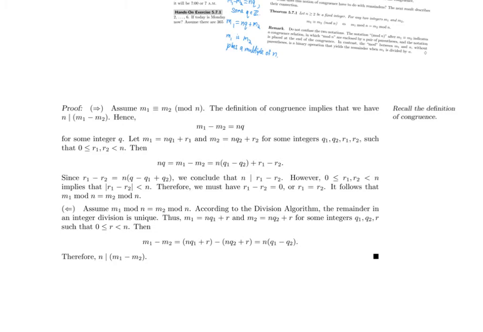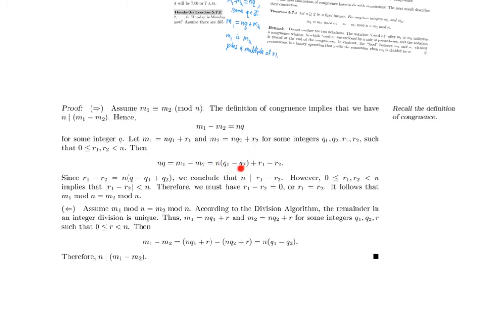So let's put this together and see what we get. nQ is equal to M1 minus M2, which if we subtract these expressions over here, we're going to get nQ1 minus nQ2 plus R1 minus R2.